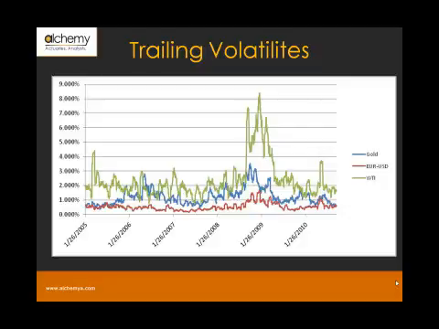What you see in front of you are trailing volatilities. This is a concept that we introduced earlier in our course when we started working with volatilities. And the trailing vol here include volatilities for WTI, which is the green line, for Euro USD, which is the red line, and for gold, which is the blue line. Now, within the Euro USD line, you can see that there are instances where vol goes up.